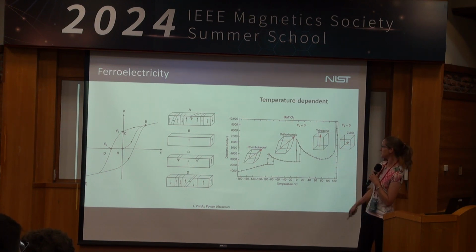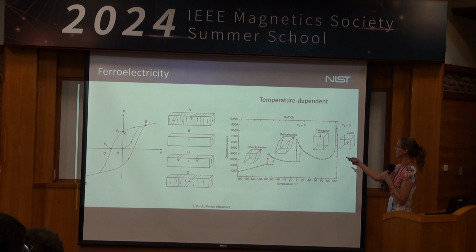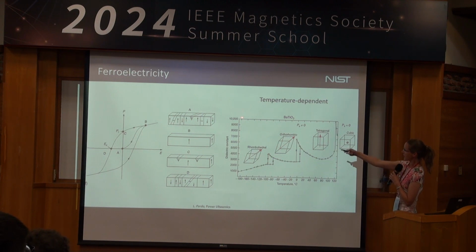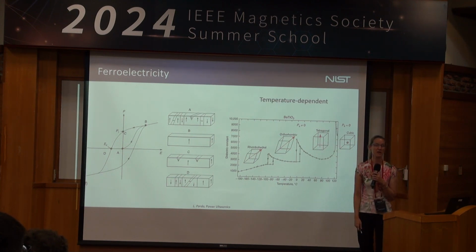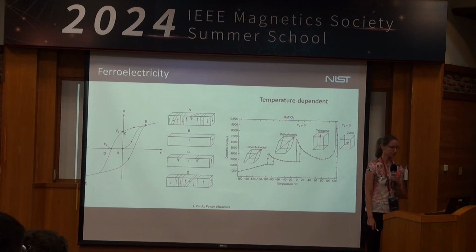This particular temperature dependence is for a common ferroelectric material called barium titanate. This is the dielectric constant as a function of temperature, and you get changes in the crystal structure from rhombohedral to orthorhombic to tetragonal. Then, in analogy with ferromagnetism, you hit a Curie temperature, at which point your structure changes to a cubic structure, and you go back to a center of symmetry and you lose your ferroelectricity.